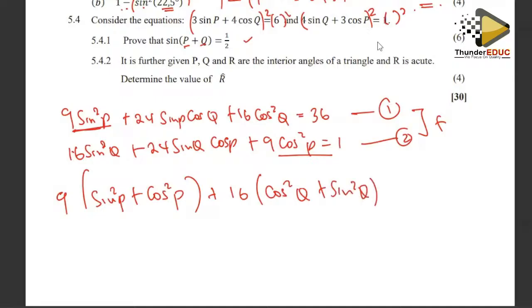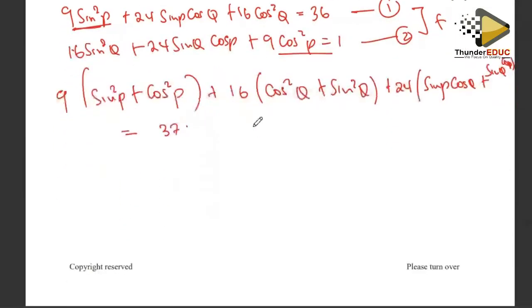And then these ones have the same 24, and then we have sine p cos q plus sine q cos p. This is equivalent to just 37.